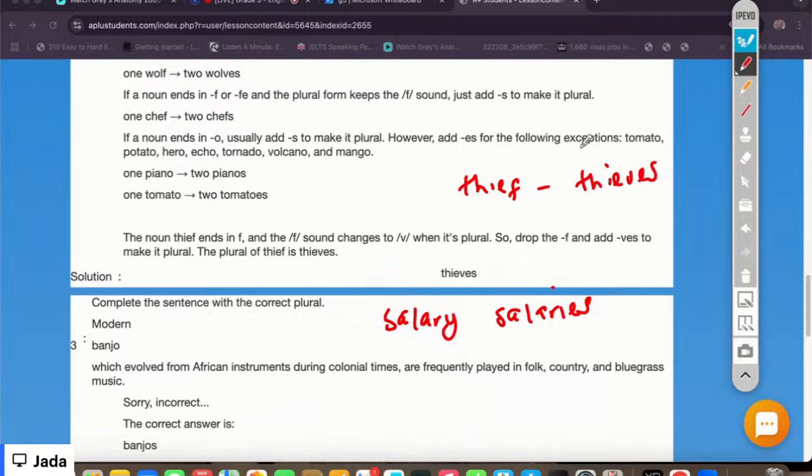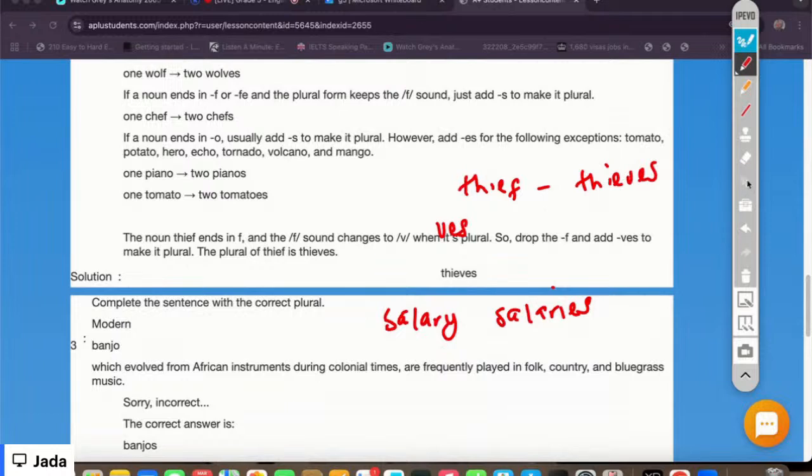So, for thief, it changes to thieves. So, in the plural form, we have VES, okay?